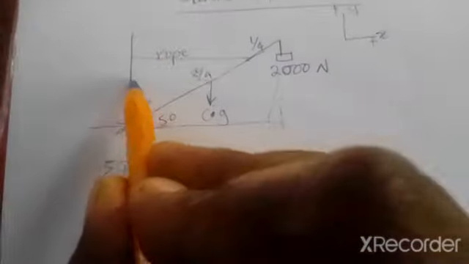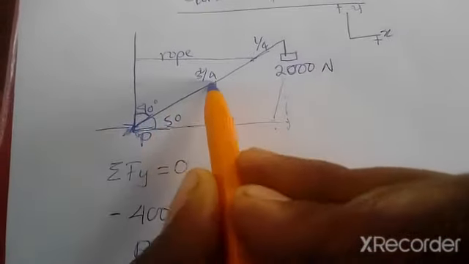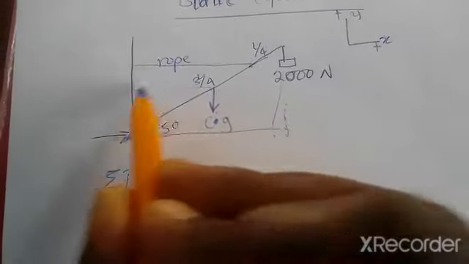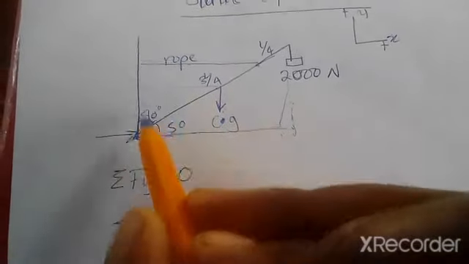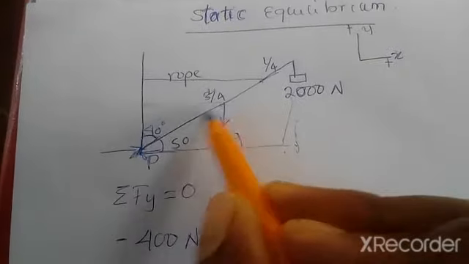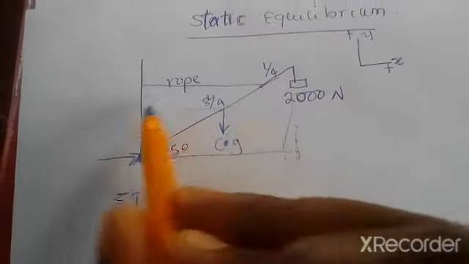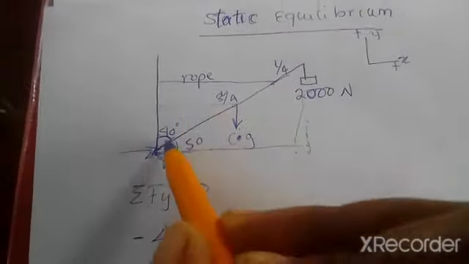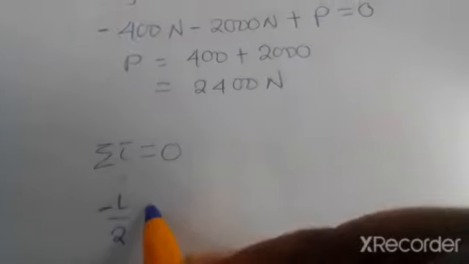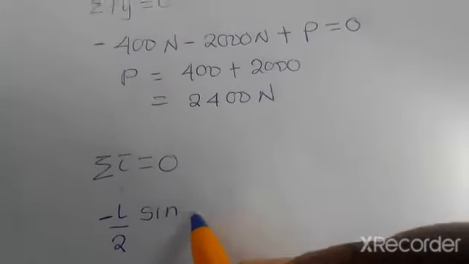So negative L over 2 multiplied by sine 40, because we have this value now, we are looking for this value. This value is going to be the sine of this angle, so we will multiply that by sine 40.